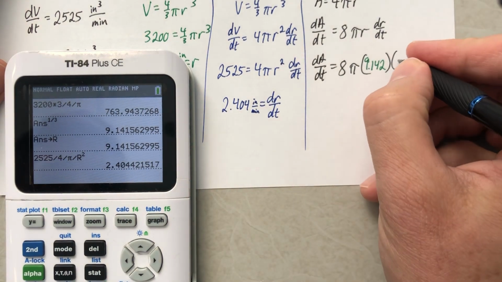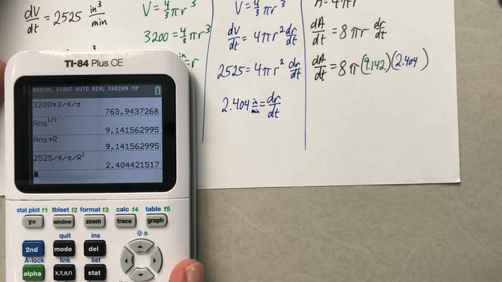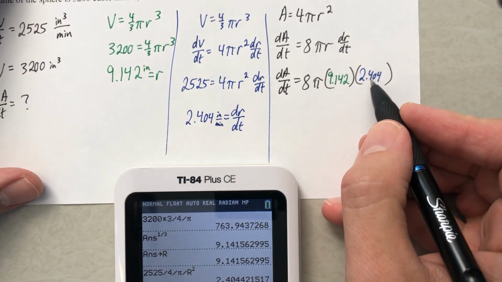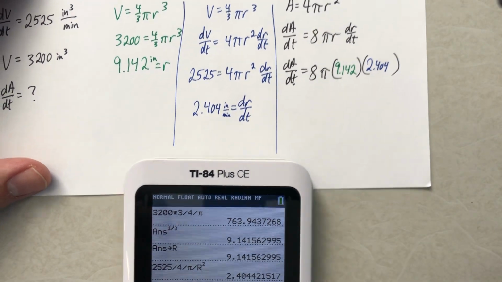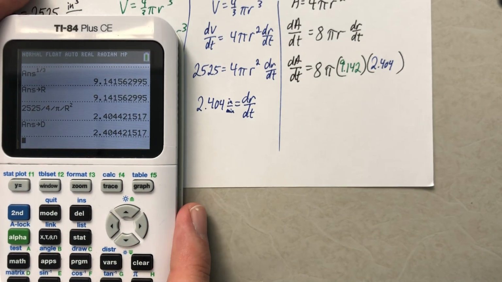All right, so 2.404. Let's fill this out. Actually, instead of using this number, we need to use the numbers in the calculator. I'm going to store this one as D because it's dr/dt. Call it whatever you want.